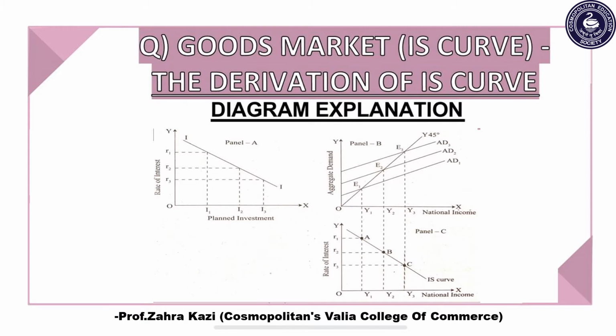So this shows an inverse relationship between rate of interest and planned investment. The fall in the rate of interest from R1 to R2 to R3 results in an increase in the planned investment from I1 to I2 to I3, thus showing an inverse relationship.